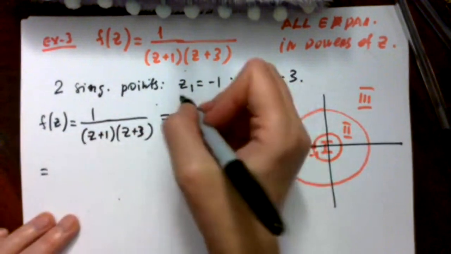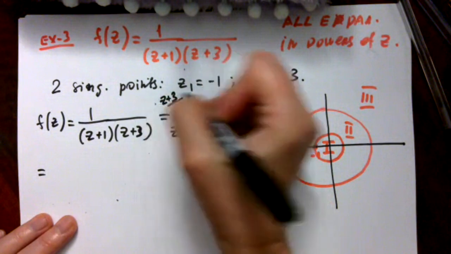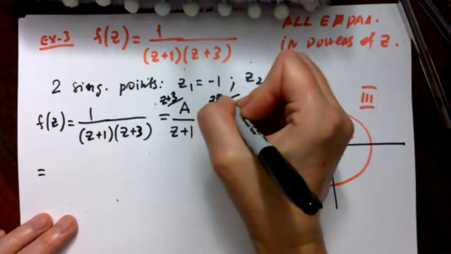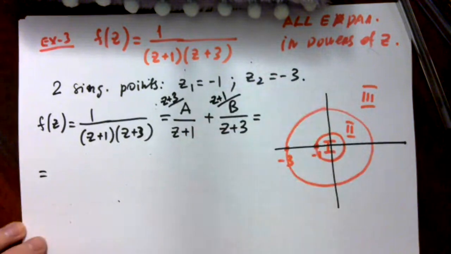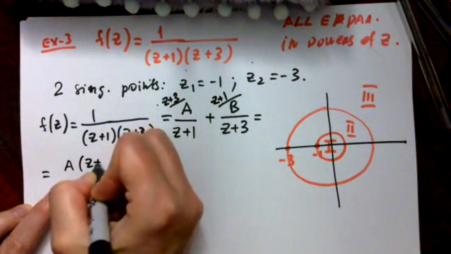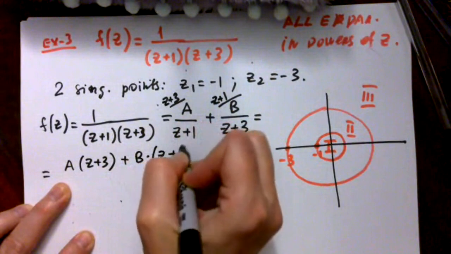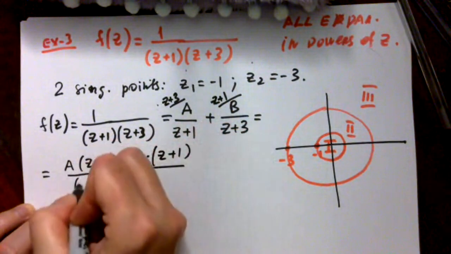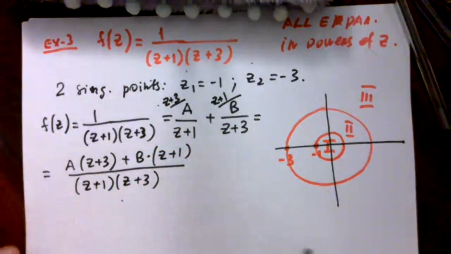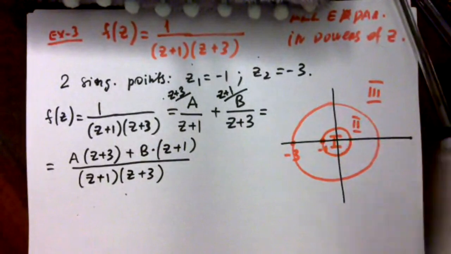You need to simplify this expression by multiplying this term by z plus 3, the denominator, and this term gets multiplied by z plus 1. So let me rewrite it. A times (z plus 3) plus B times (z plus 1), divided by the same denominator, (z plus 1)(z plus 3). How can we find our unknowns A and B?